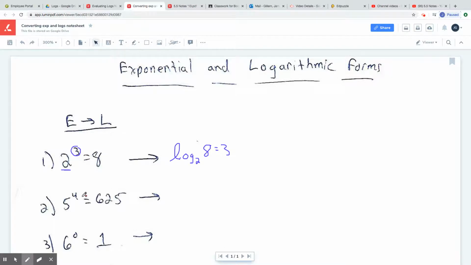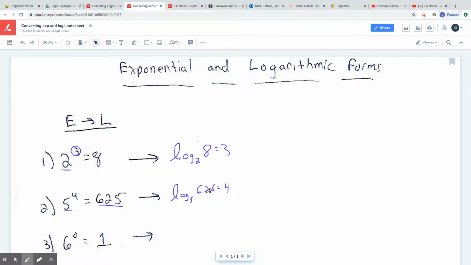For this one, 5 to the 4th equals 625. I want to convert that to the logarithmic form. This is log base 5, so it's a subscript down there, log base 5 of this number, 625, equals the exponent, 4.